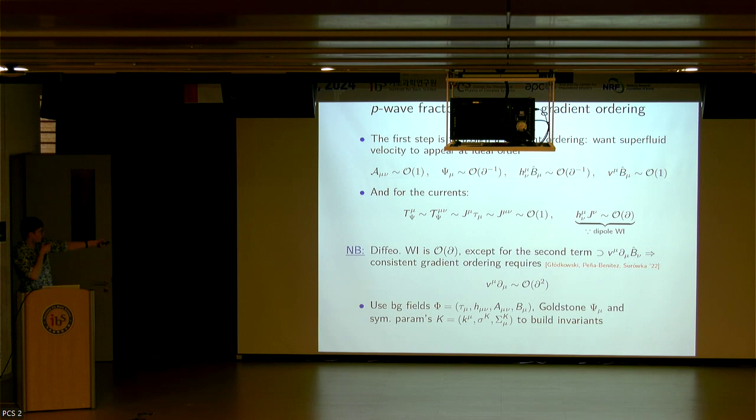As you recall, it is a combination of B and the Goldstone, and therefore it must have the same order as that combination. This has very peculiar consequences, as we'll see on the next slide, that will in fact imply that the fluid velocity must be order 1 in derivative. So the conclusion will be that P-wave Fracton superfluids can flow, but they can only flow slowly.